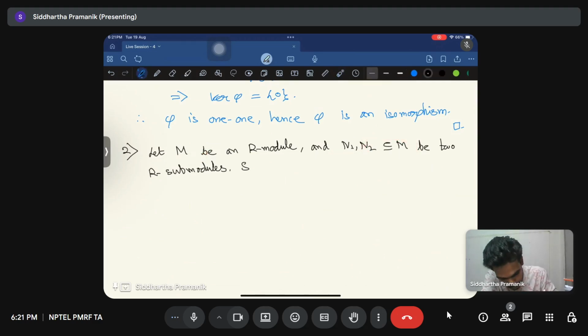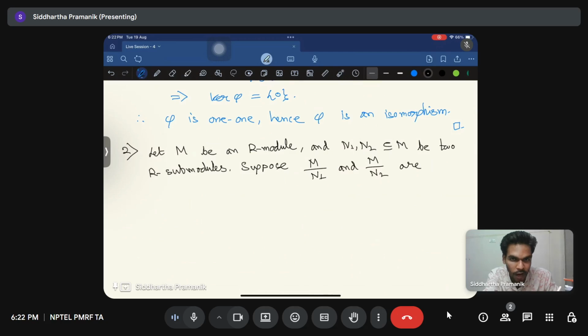Now suppose M mod N1, this quotient, and M mod N2, the other quotient. So these are also R modules. So suppose that these are Noetherian R modules.